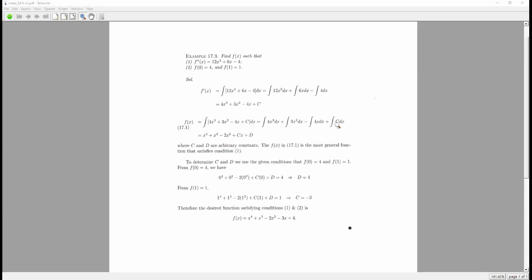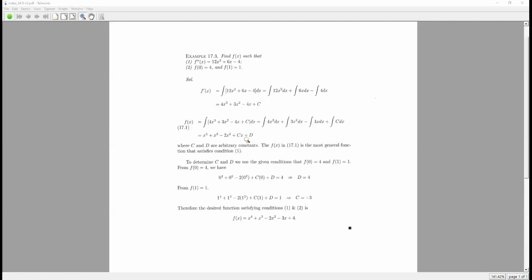And constant c antiderivative is c times x. Then add an arbitrary constant d. I use d because I have used c here. c and d are arbitrary constants and they are independent of each other.